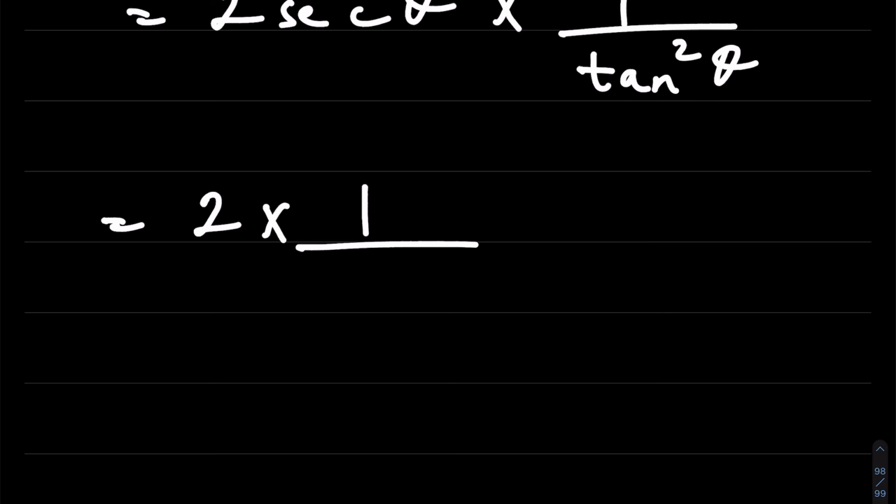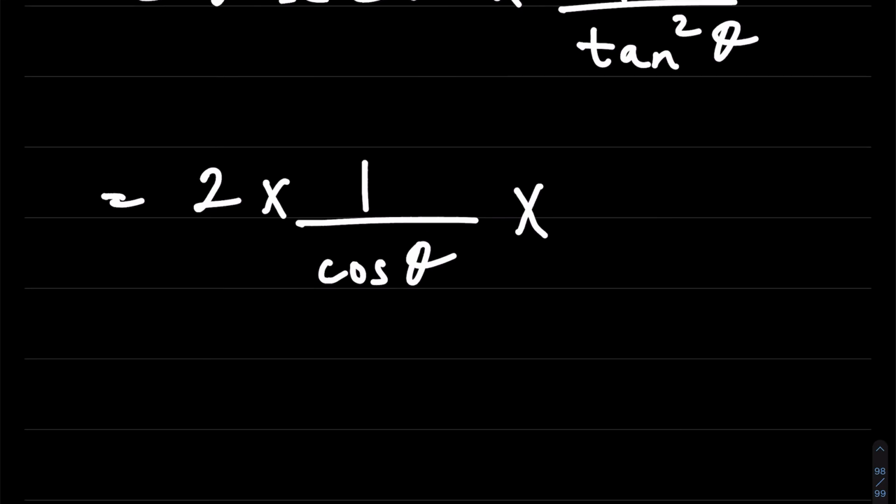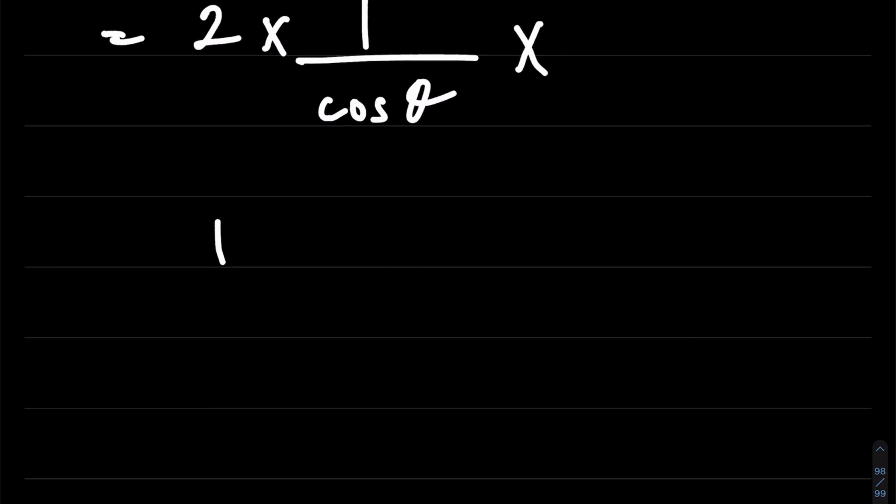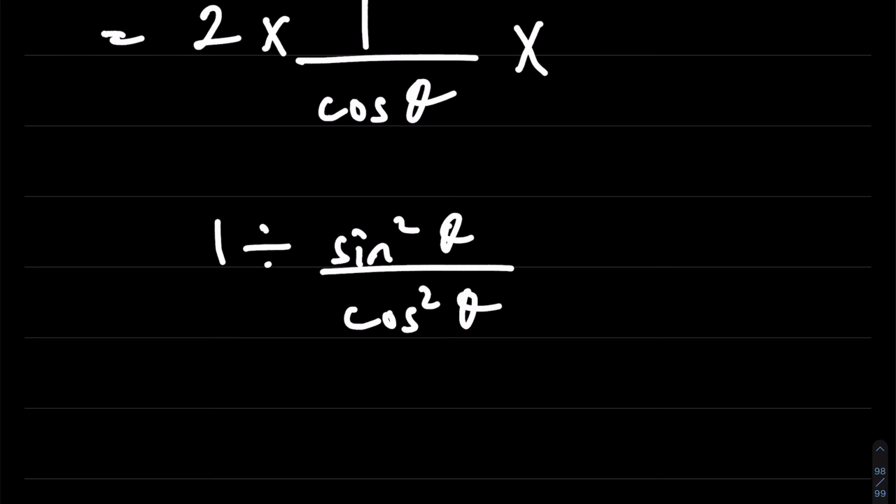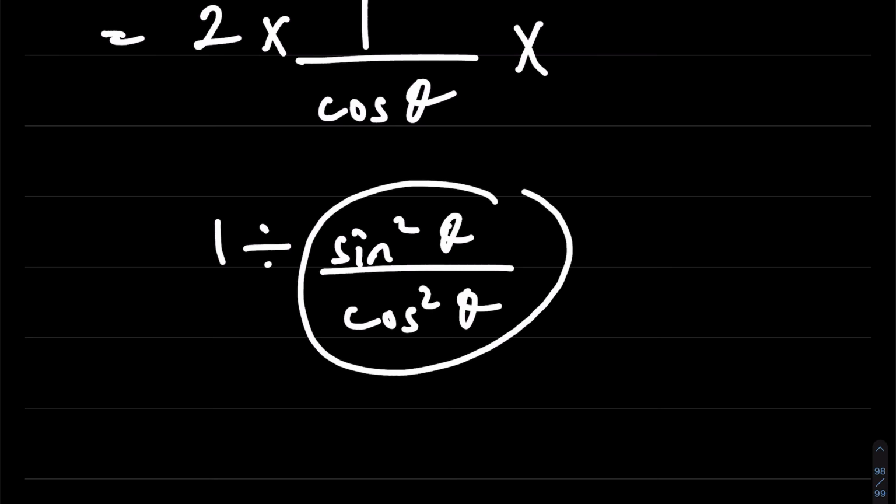So sec theta is the same as 1 over cos theta, times 1 divided by tan squared theta. 1 divided by tan squared theta is the same as 1 divided by sin squared theta over cos squared theta, because tan squared theta is sin squared theta over cos squared theta.